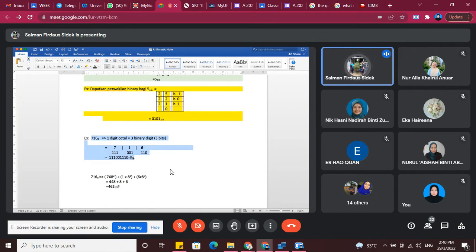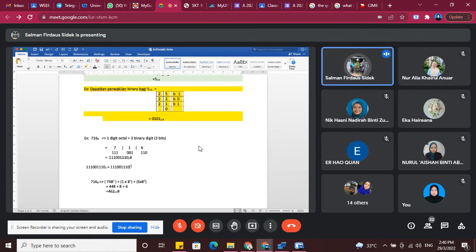So what if we want to reconvert it to octal? Okay, for binary to octal, let's say this is the question. We just divide this sequence of numbers into groups, which consist of 3 bits each. Let's look at how I do it.